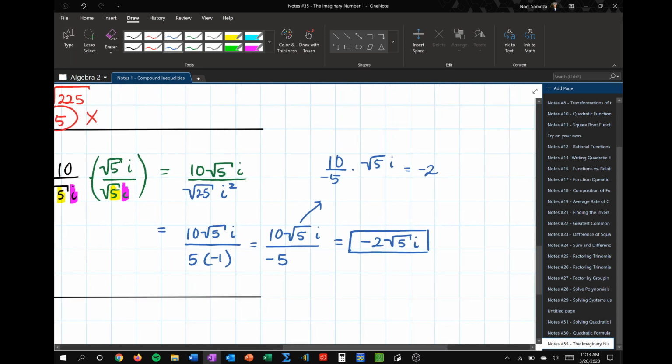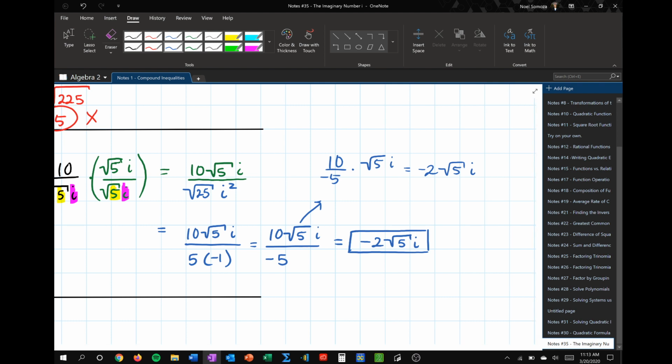And then square root of 5i. So again, you're left with a number now that has i in the numerator. That's how you know you're done. You no longer have the i in the denominator. All right, we're doing good. Good feedback, sounds good.